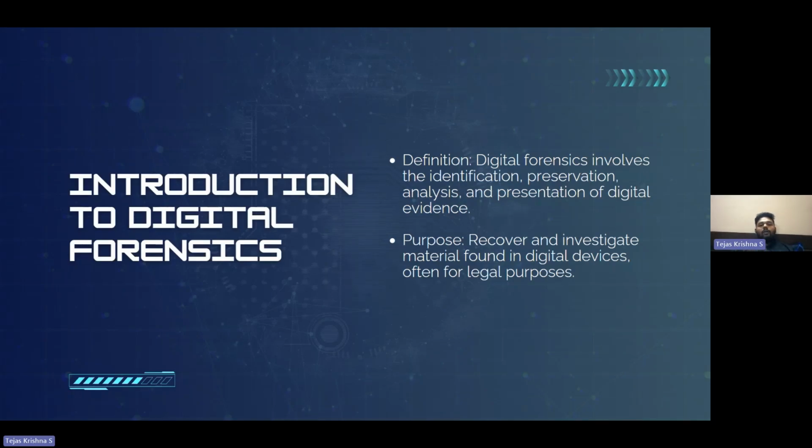So ABC comes to your company XYZ. They identify the computer which got attacked or tampered. Then the forensic team collects all the data, which is preservation. They image all the data using write blockers.